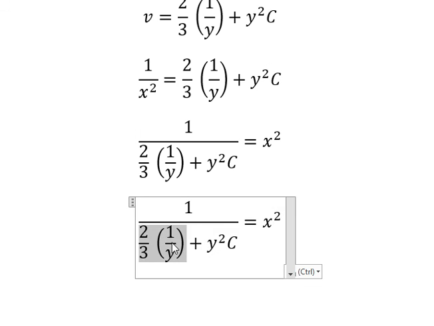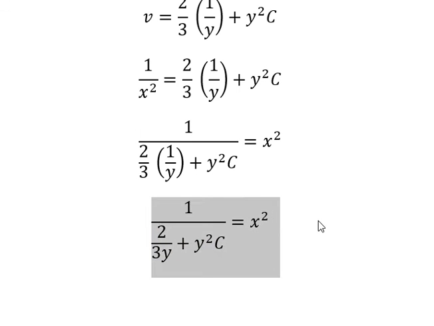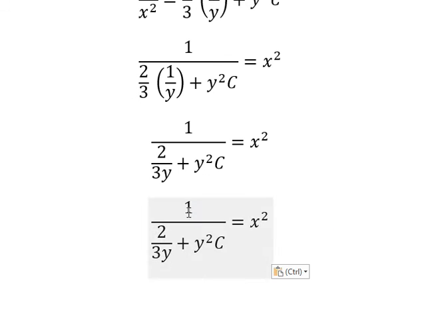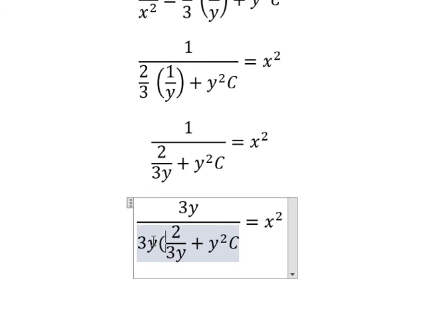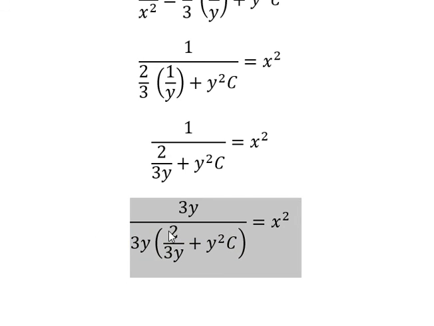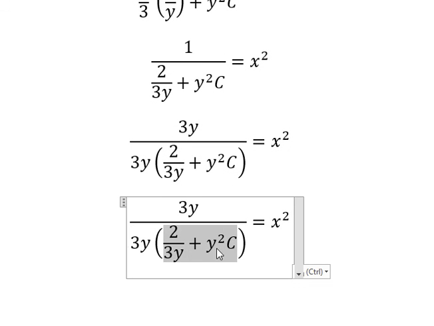So this one we have 2 over 3y. So we need to multiply by 3y on the numerator and denominator. So this one multiplied by this one.